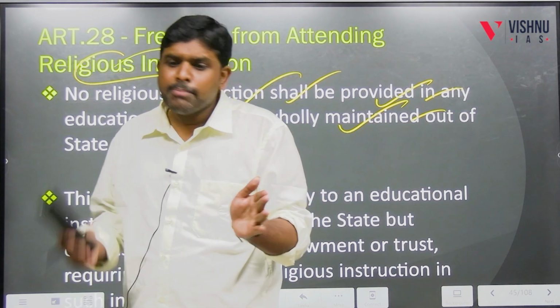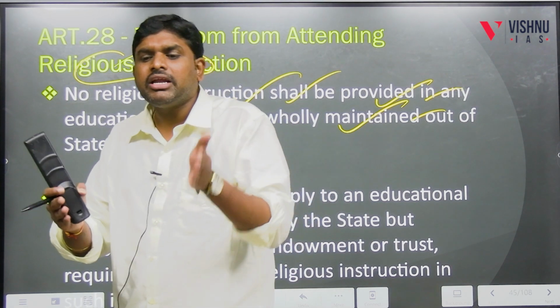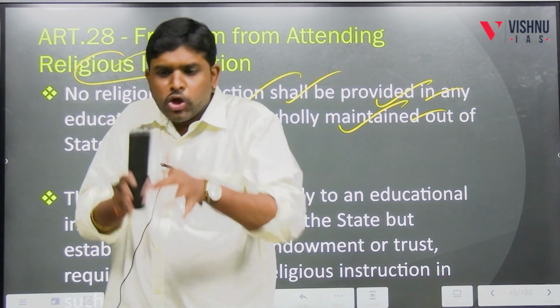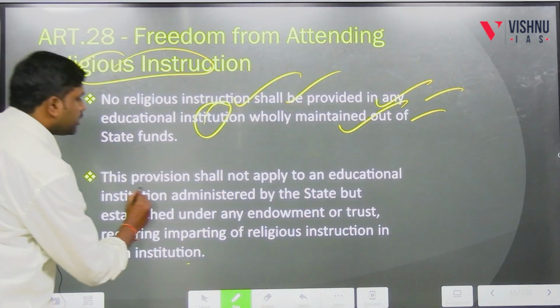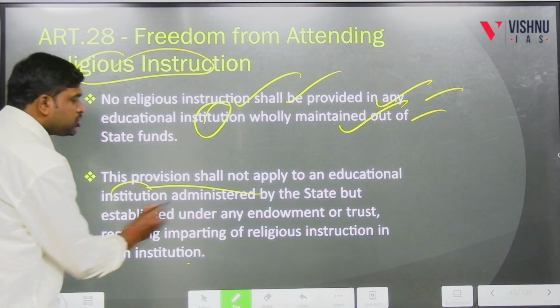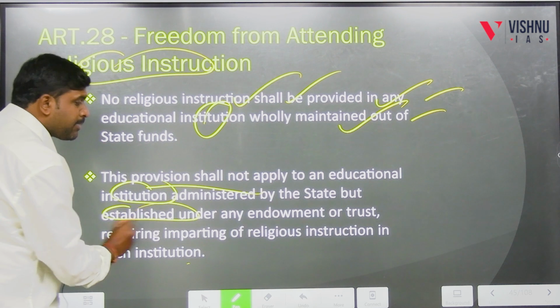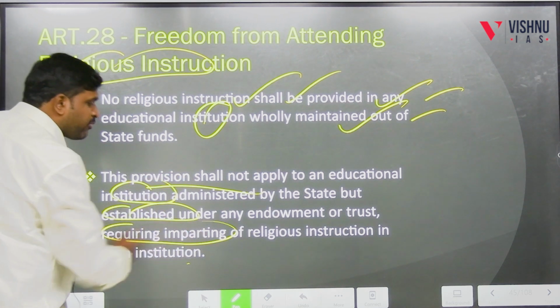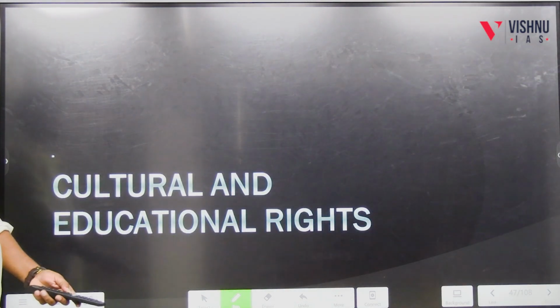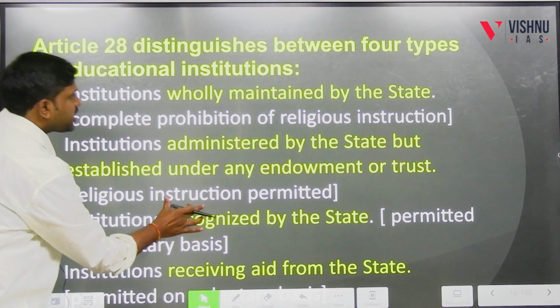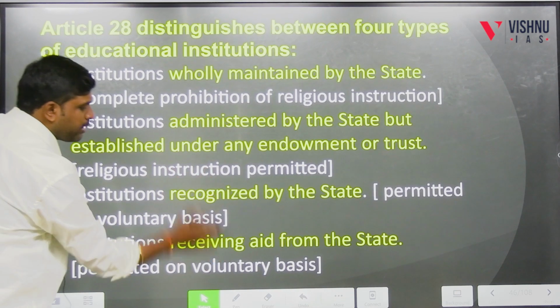Aided schools will be there, partly from the government, partly from the organization, group, association, according to the wish of the association. See here. This provision shall not apply to an educational institution administered by the state but established under any endowment or trust requiring imparting of religious instruction in such institutions. So there are, under Article 28, understand this, very, very important from the prelims point of view.